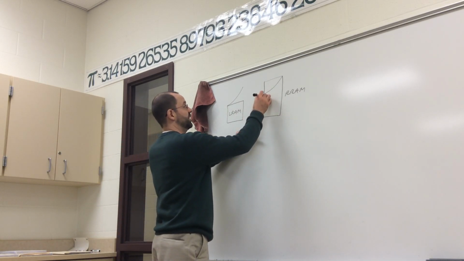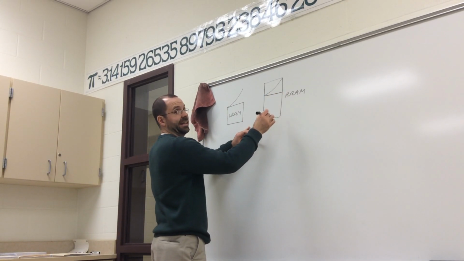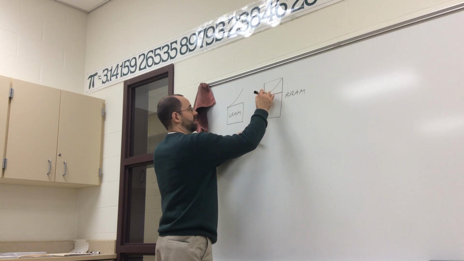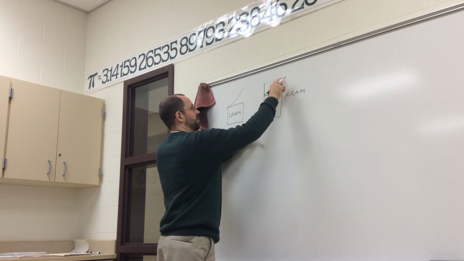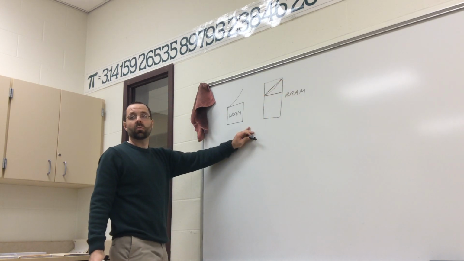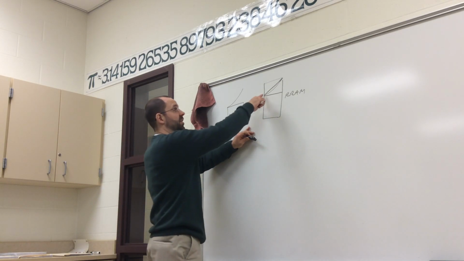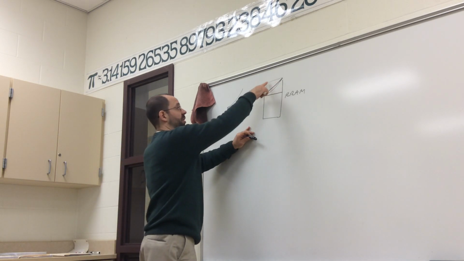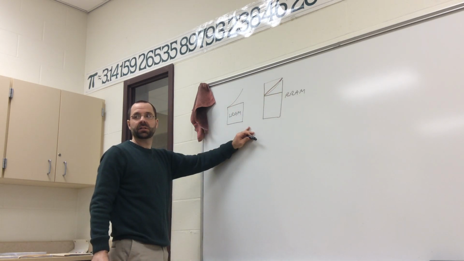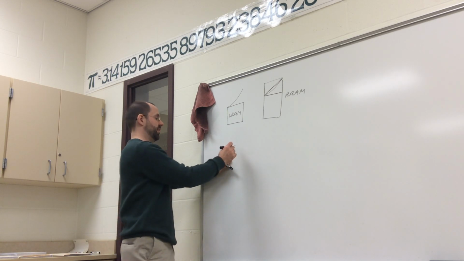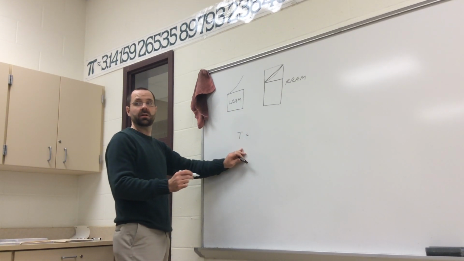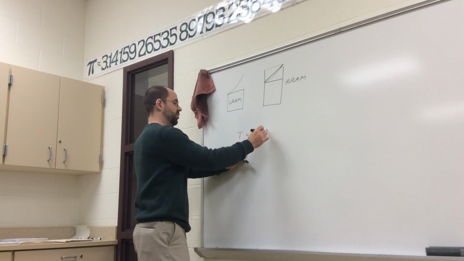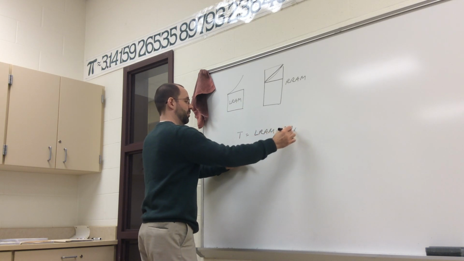So then, let's say instead you do T, the trapezoidal approximation. What I want you to notice is that line that I just drew to make the trapezoid, it split this rectangle exactly in half. So what that means is that the trapezoidal approximation is the average between LRAM and RRAM.